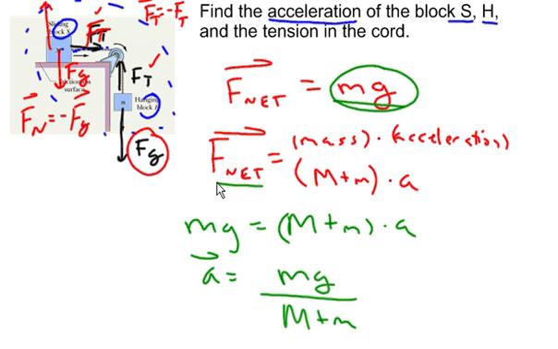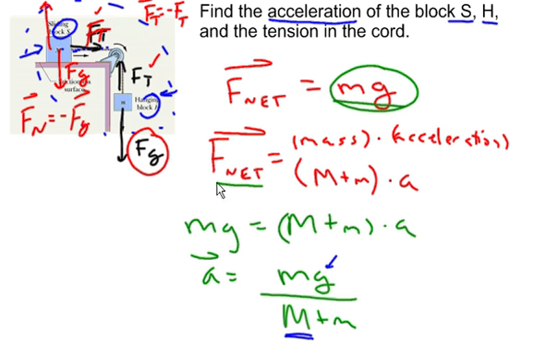And this makes sense if you think about it. If block S, this block here, were to disappear, then this mass would be 0, and the acceleration would just be gravity, which is what we would expect for hanging block H if it didn't have block S holding it back.